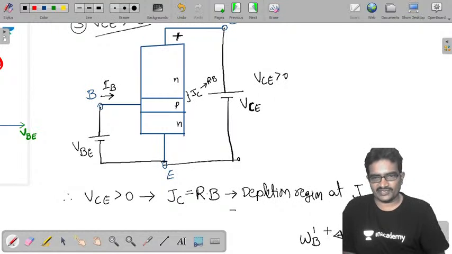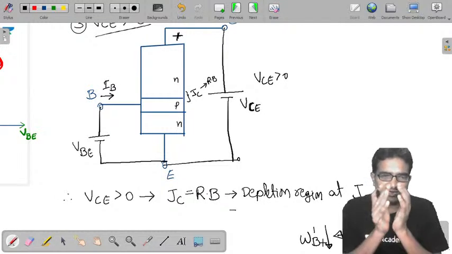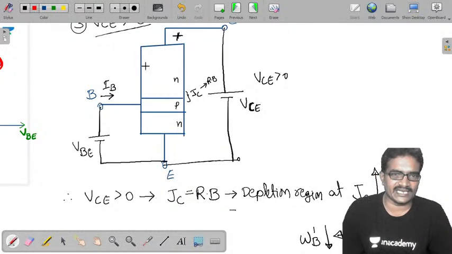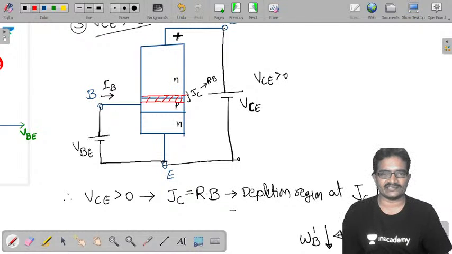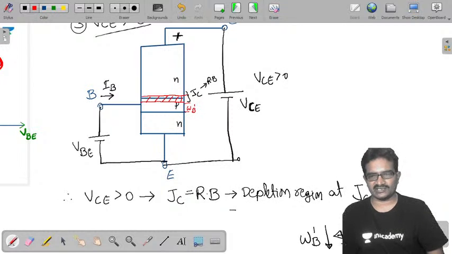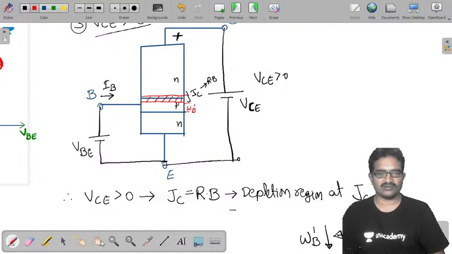The effective base width decreases due to base width modulation. That means the depletion width is more extended towards the lightly doped base region. That is the reason. So the effective base width is decreasing, WB dash. So this is nothing but base width modulation.